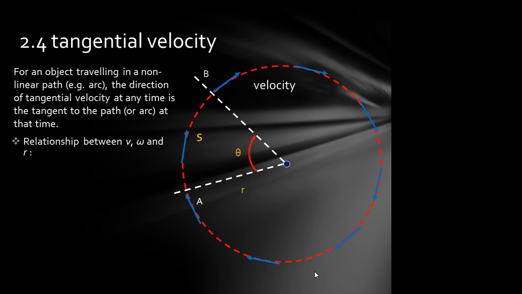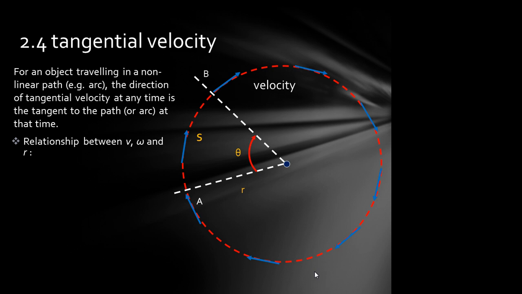Now, there's this idea called speed and this idea called velocity. What's the difference between velocity and speed? Speed is the magnitude of velocity. So speed has no direction, but velocity has. For an object moving in circular motion, if you look at the blue arrow, at any one time it's changing its velocity because it's not traveling in the same direction anymore. So the velocity of the object is constantly changing.